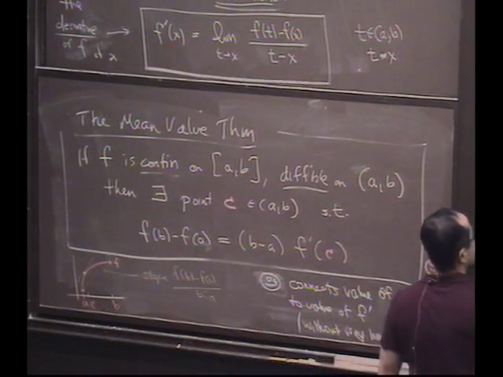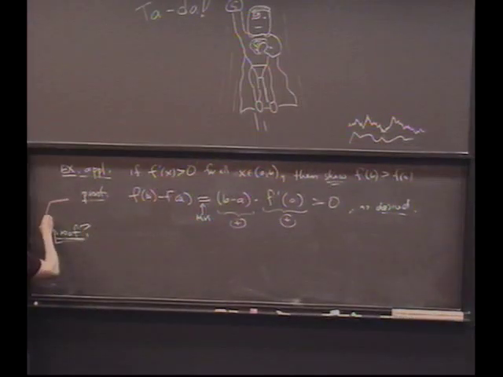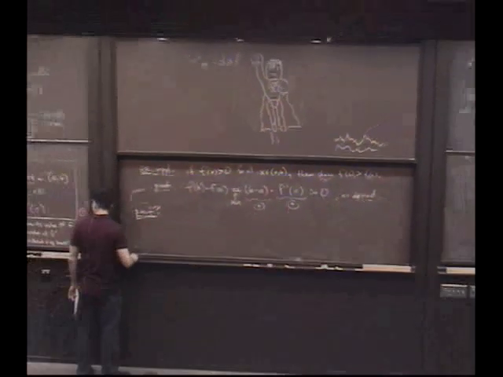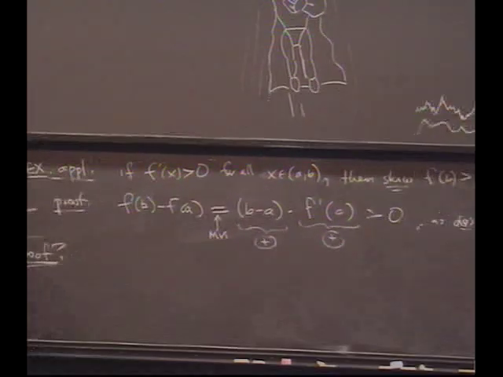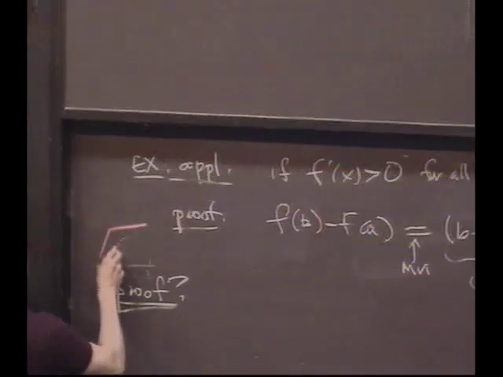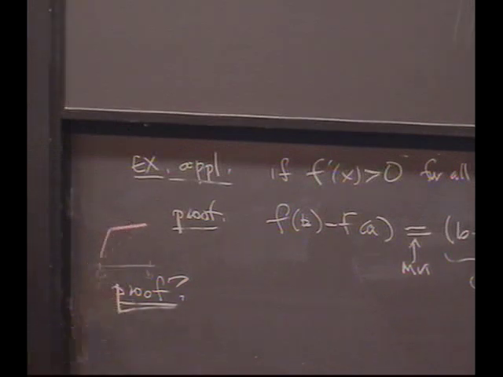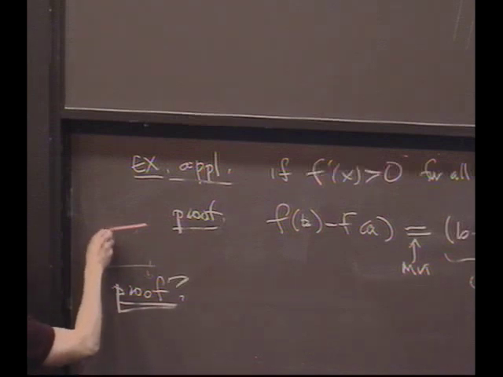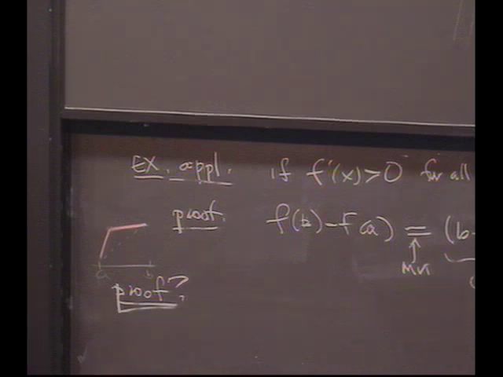Suppose I had this function. Is it true that there is a point in between a and b that has the same slope as this secant line? No. What failed? Differentiability. So why did it fail?